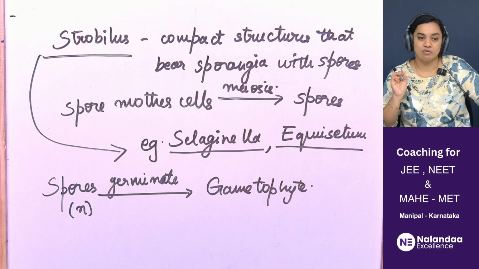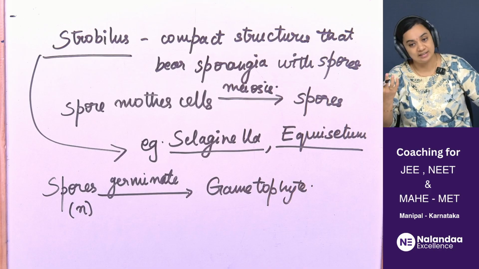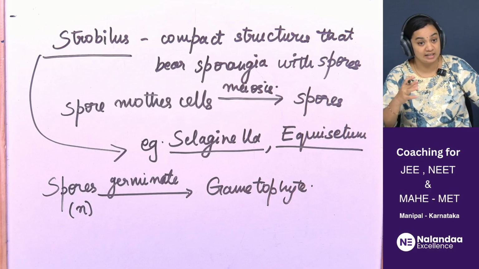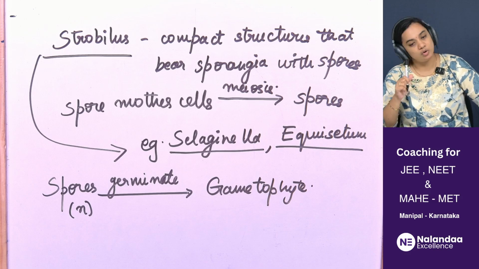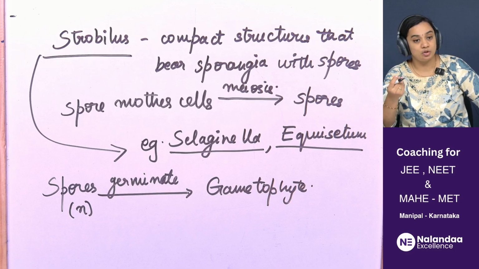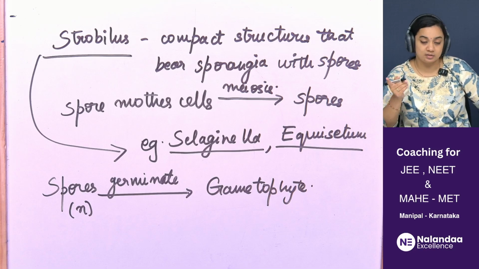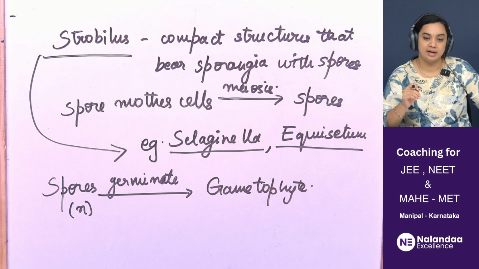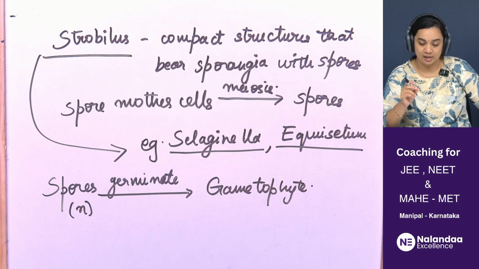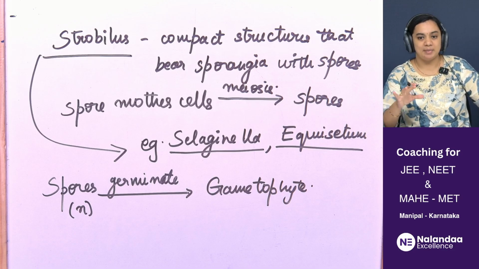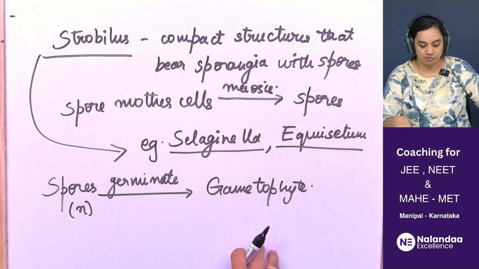Now in case of bryophytes, how was it? In mosses, both gametophyte as well as sporophyte were clearly visible, and they were both properly represented by multicellular plant bodies. And the sporophyte was dependent on the gametophyte partially for nutrition, correct? But that is not the case in pteridophytes, okay?